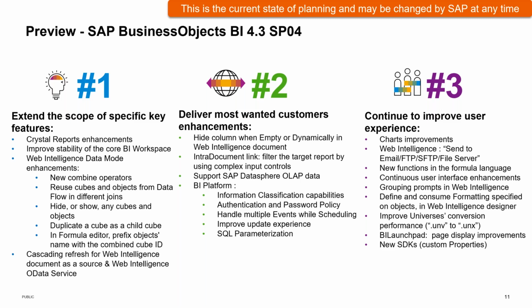And so truly we are delivering a lot of customer requested enhancements in this service pack and in subsequent service packs and versions. And number 1, we're also trying to extend the scope of specific key features that we've added through the 4.3 lifecycle that were very well received and we wanted to do more with.